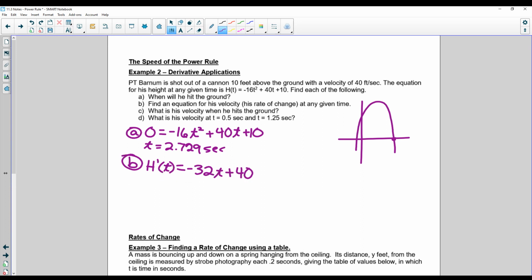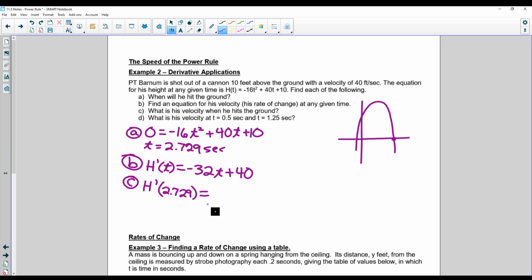So C is pretty easy to do. What is his velocity when he hits the ground? To find that, all I have to do is plug his time when he hits the ground, 2.729, into the derivative.